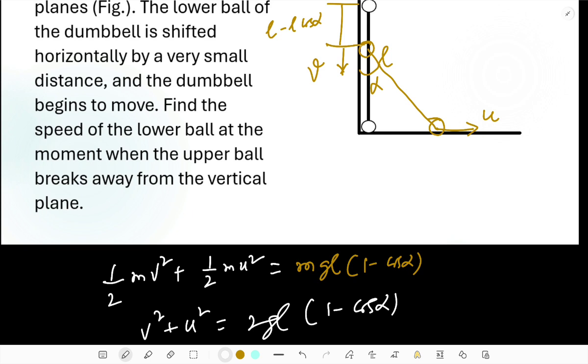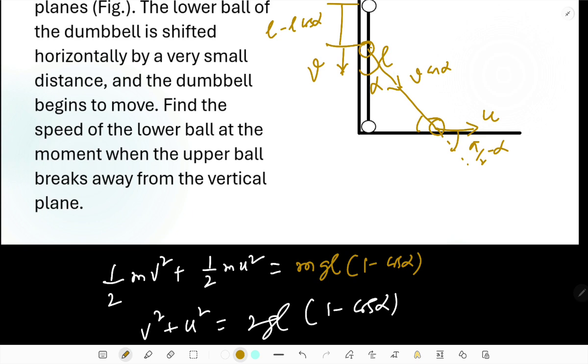so in this direction, the component of velocity of this ball and the component of velocity of the other ball in the same direction must be the same. This angle is alpha, this angle is 90 minus alpha. The velocity of the ball in this direction is v cos alpha.